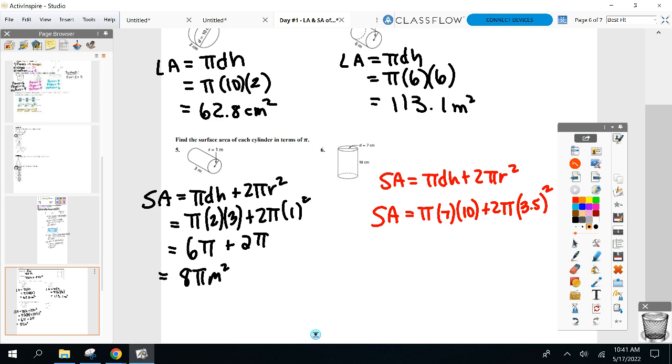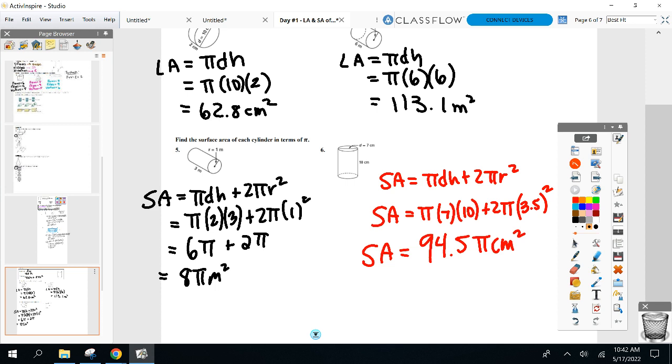All right, see if you can leave it in terms of pi on your own. 94.5 pi square centimeters. Okay, anything I can answer before we get to this last big one?